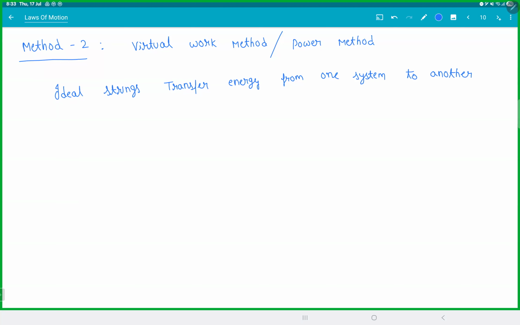Right. So that means the string itself does not do any work of its own. It is simply transferring energy from one point to another point. Therefore, the total work done by tension is zero.